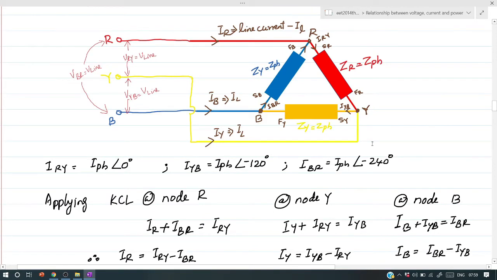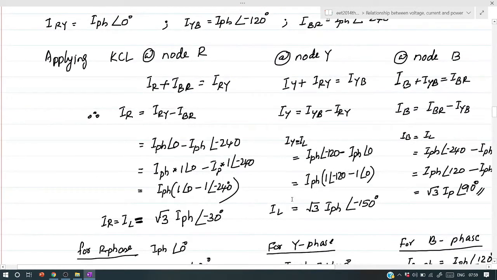In a similar way, when we are considering node Y, IY plus IRY is equal to IYB. After simplification, we can write IL is equal to root 3 times I phase angle minus 150 degrees.